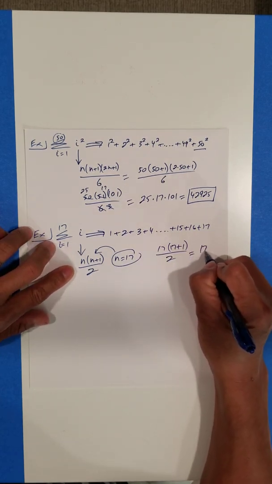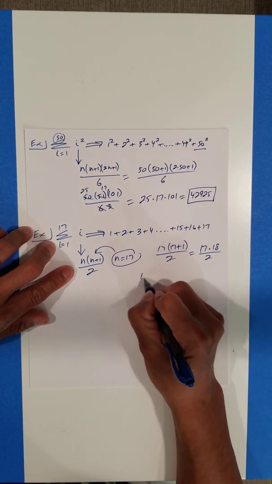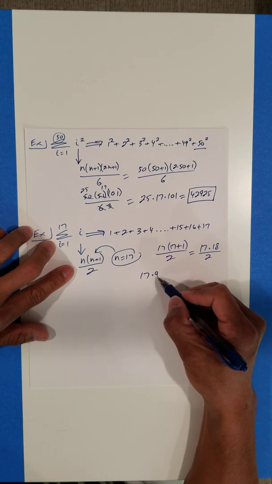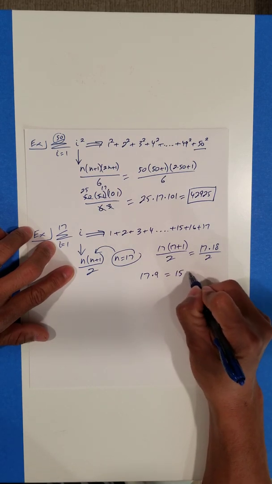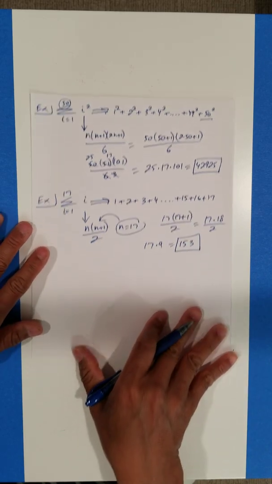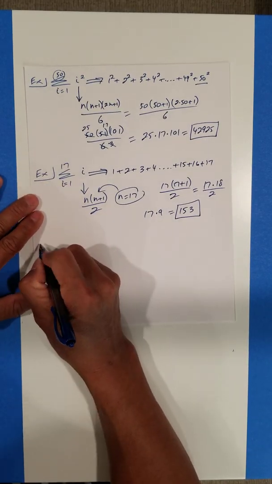So you get 17 times 18 over 2. 17 times 9, right? So we're looking at 170 minus 17, 153. There you go. Okay, so try to use your formula. That's all that is.